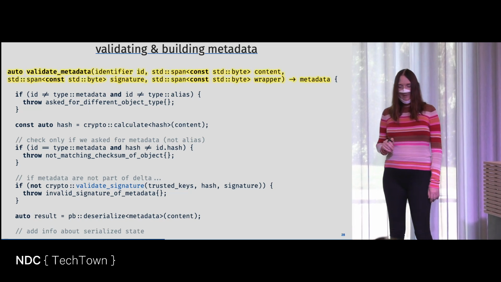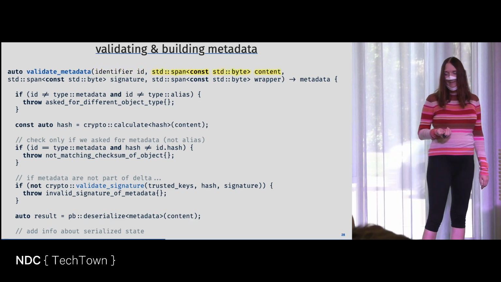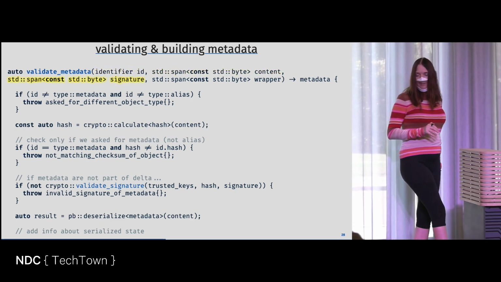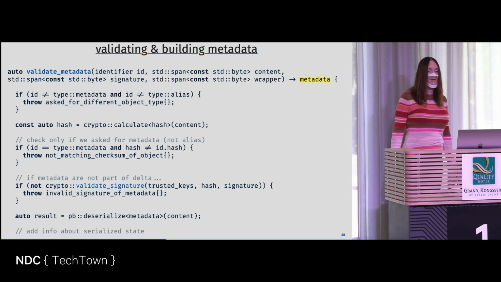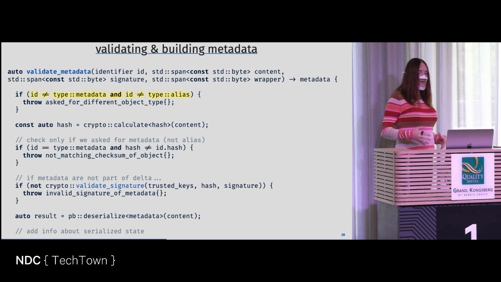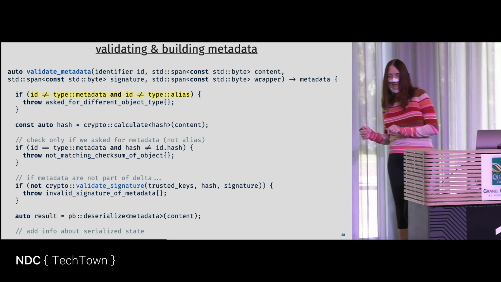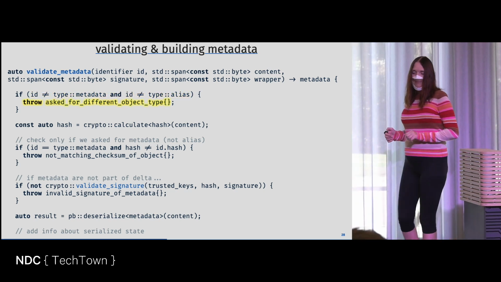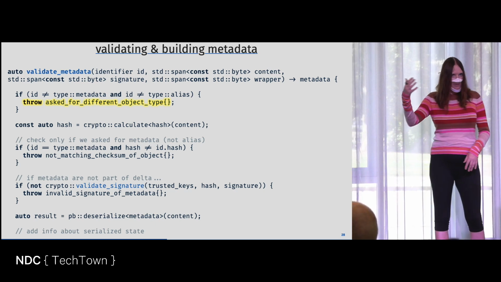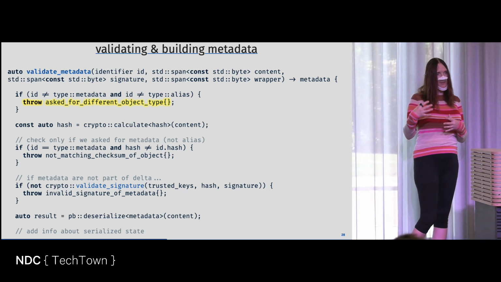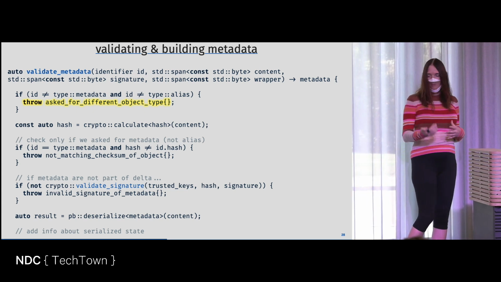So validate metadata is quite a simple function. It will take the identifier, the content of the metadata, the signature, and the content of the whole wrapper, and return metadata. If the ID we ask for is not metadata or alias, we asked for a different object. It's like a precondition error, but we will throw an error because this code is interacting with something coming from outside, so you need to check everything to be secure.